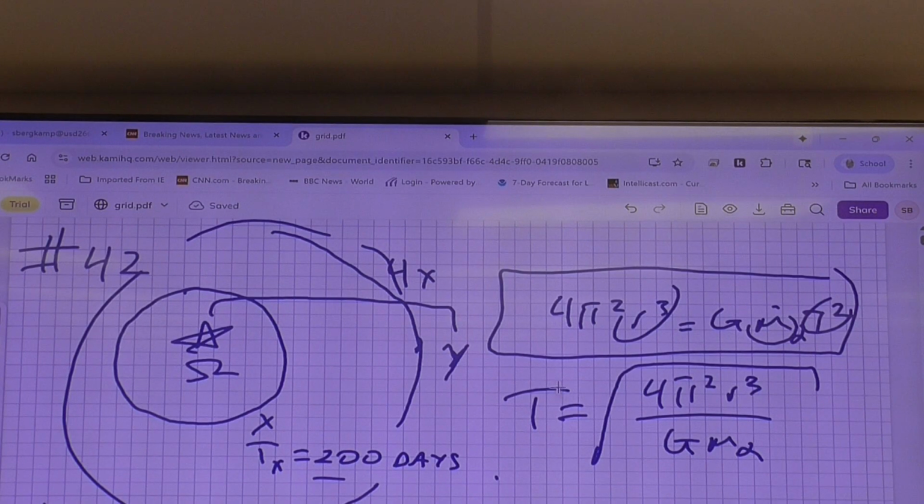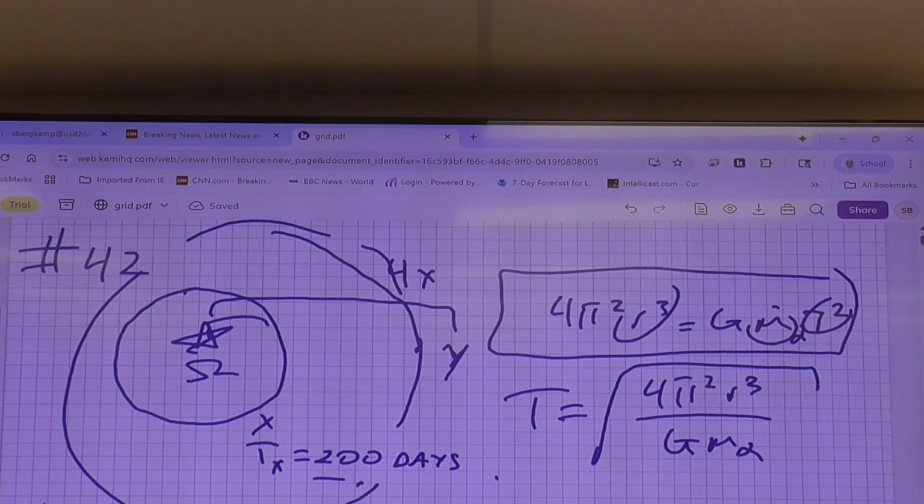So even though you know the period is 200 days, if you tried to find the mass of planet Alpha from this information, you couldn't do it, because you don't know the actual distance from Alpha out to the planet. You just know it has an orbital radius. So with this information, you could not find the mass of the planet. The only thing we can do is work in ratios.